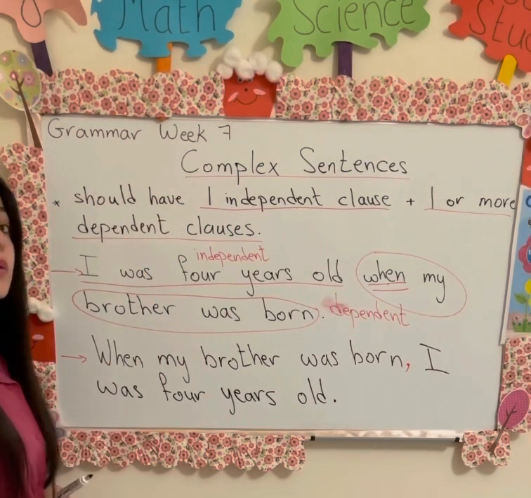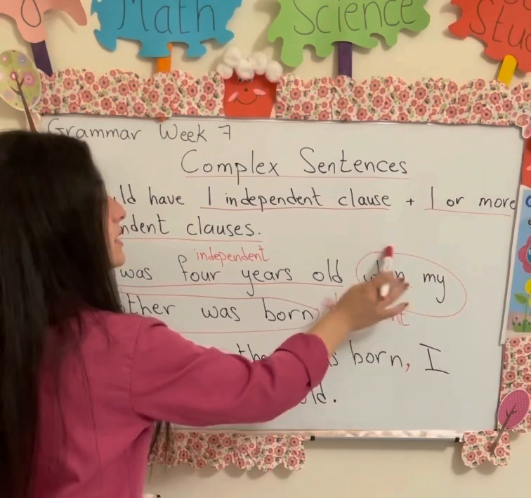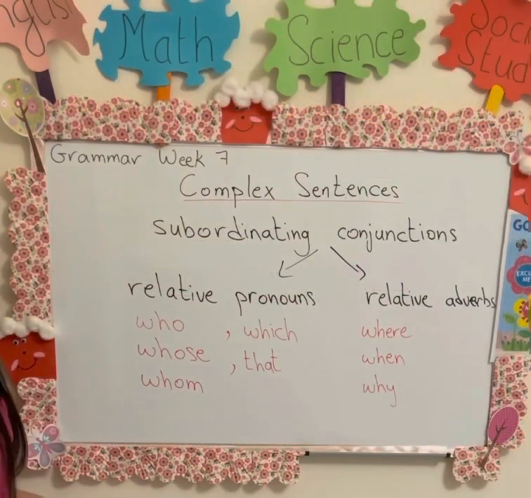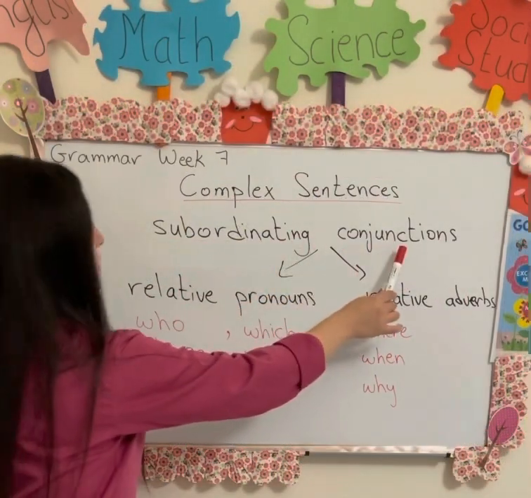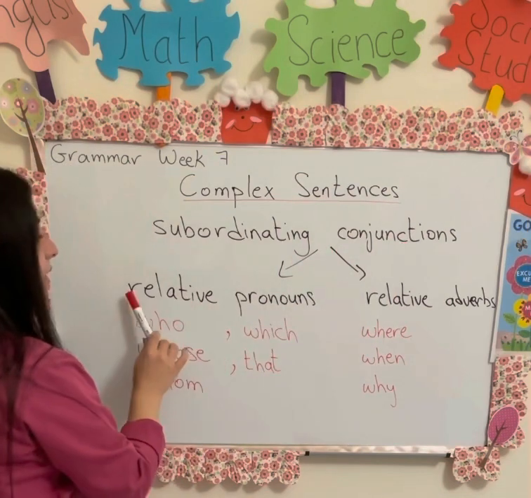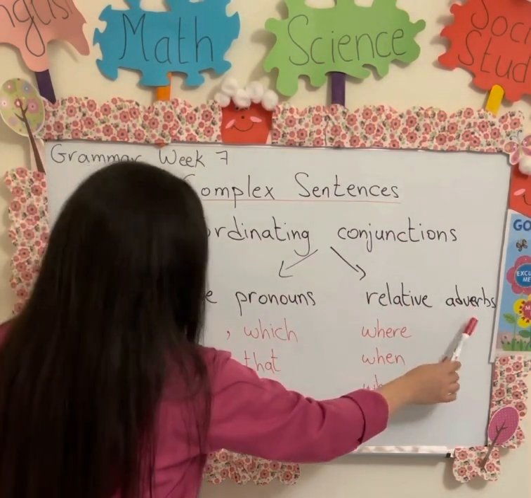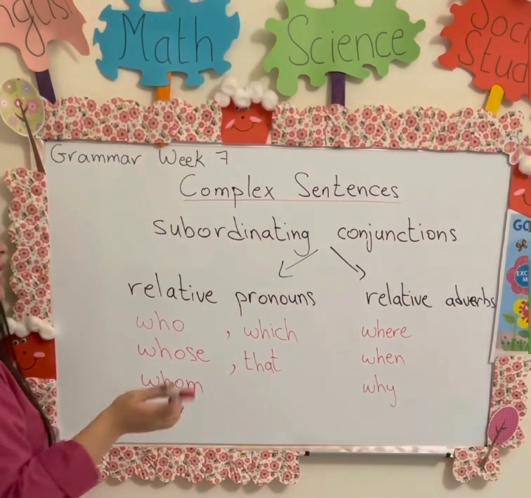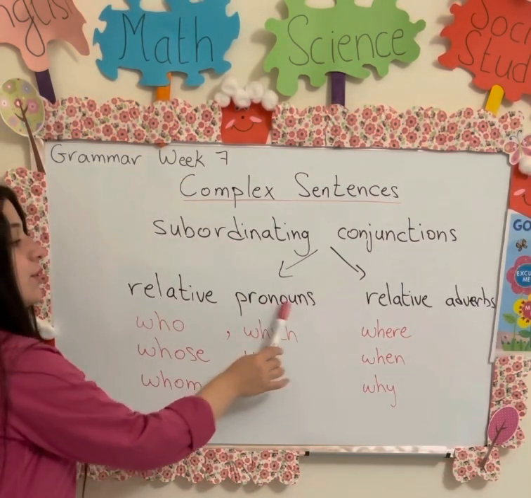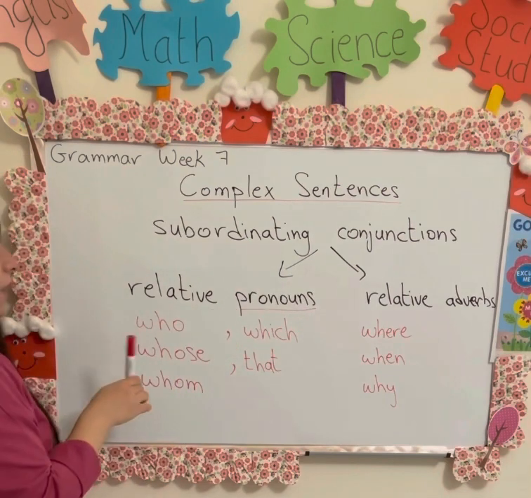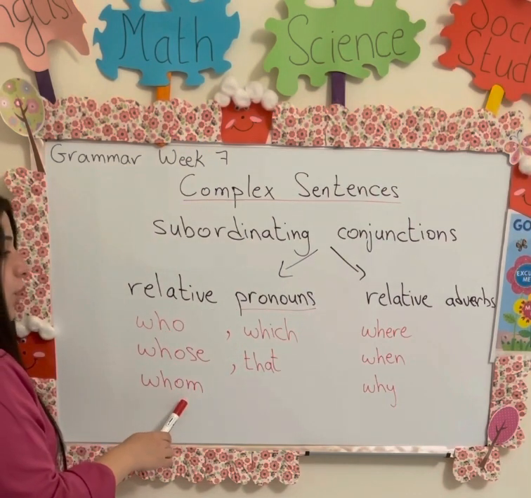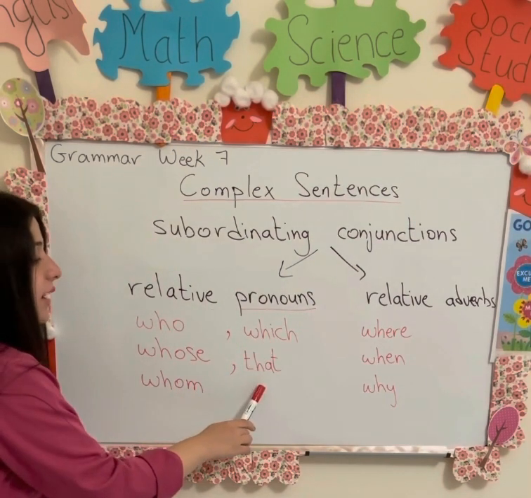Now let's learn more about the subordinating conjunctions. The subordinating conjunctions could be relative pronouns or relative adverbs. Examples of relative pronouns are who, whose, whom, which, and that.